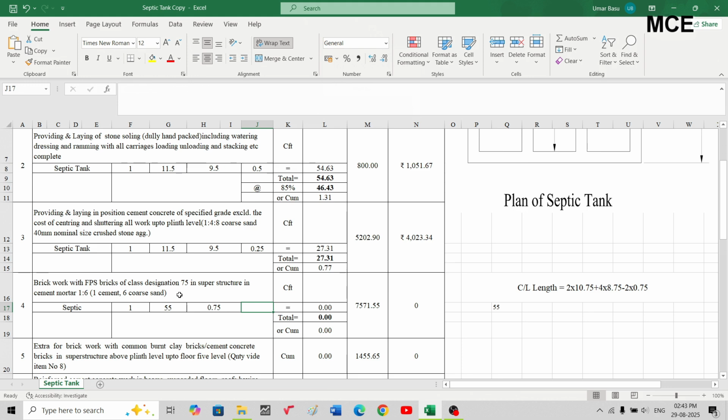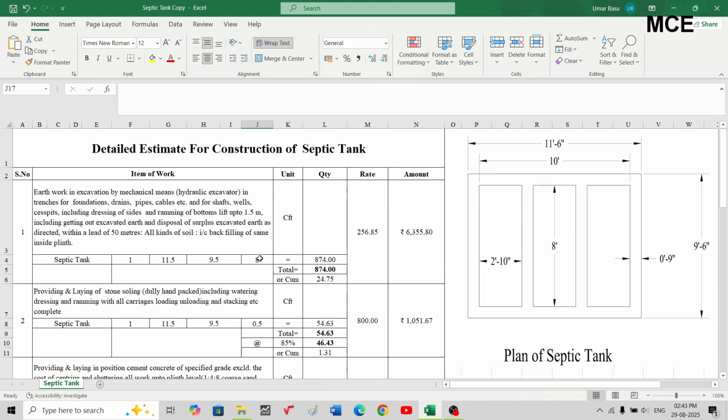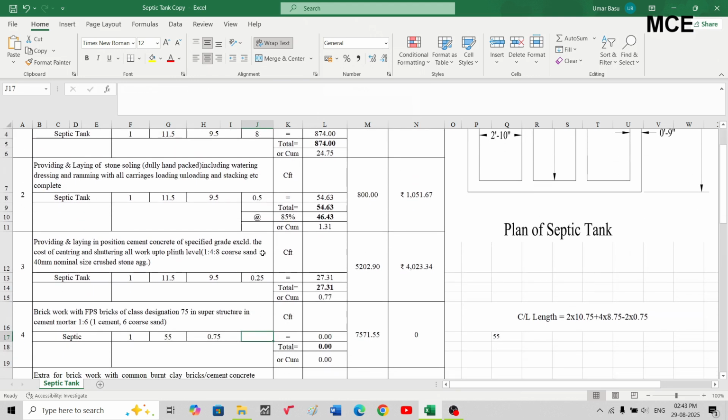And depth, since we are excavating the depth of 8 feet, on which we are laying 0.5 feet of soling and 0.25 feet of mudmat or lean mix of 1:4:8 mix. So remaining depth is 8 minus 0.5 minus 0.25, which is equal to 7.25. This will be the depth of our septic tank.